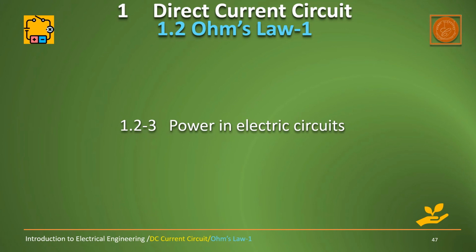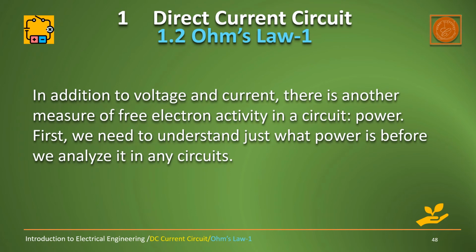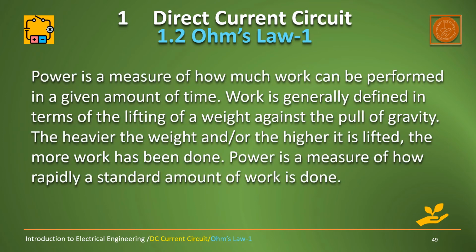1.2-3, Power in Electric Circuits. In addition to voltage and current, there is another measure of free electron activity in a circuit: power. First, we need to understand just what power is before we analyze it in any circuits. Power is a measure of how much work can be performed in a given amount of time.